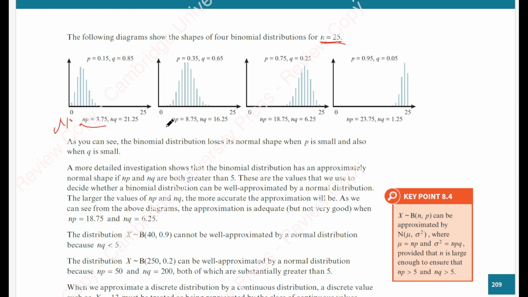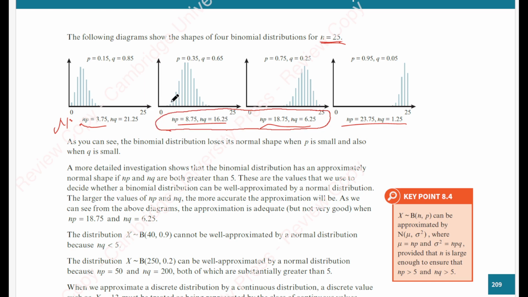And you can see here that these numbers tell us a lot. Here np is 23 and nq is 1.25. Here np is 18.75 and nq is 6.25. What you can see is that these two are very good approximations of binomial distributions by normal distributions.